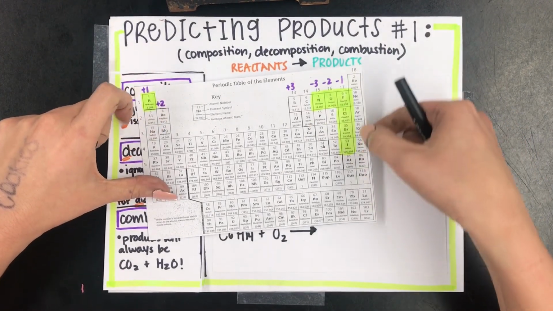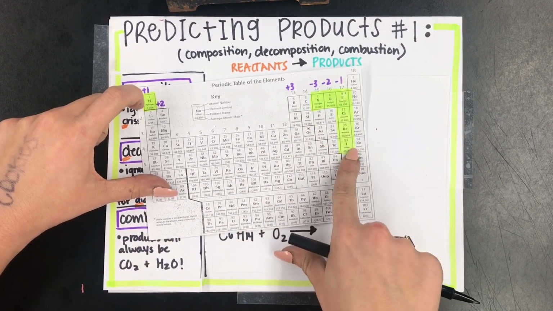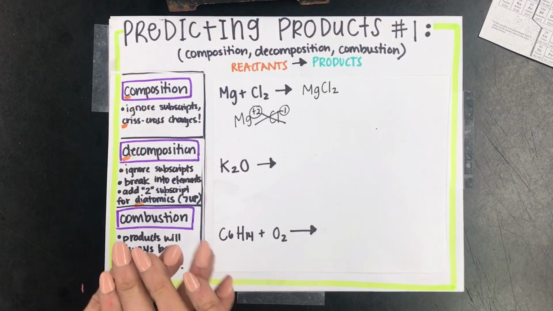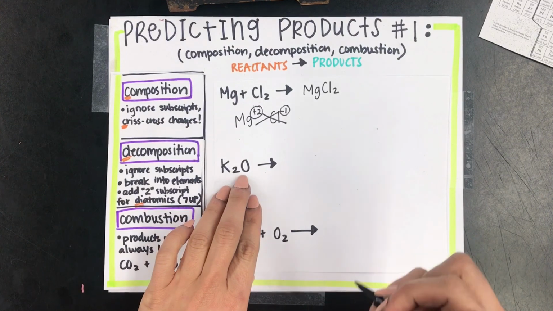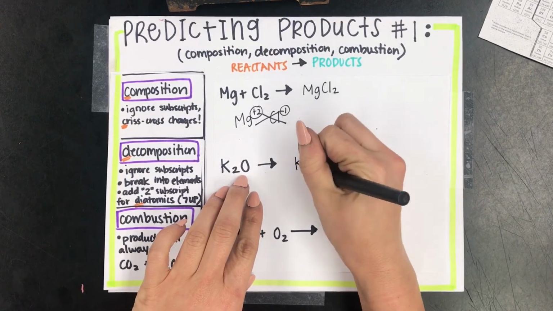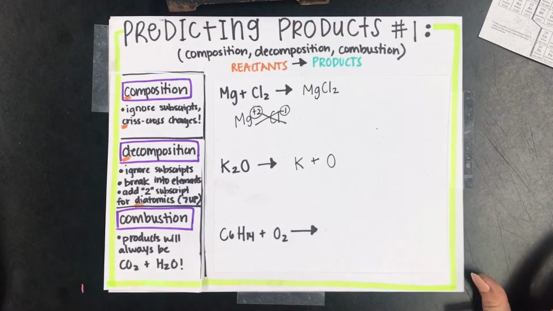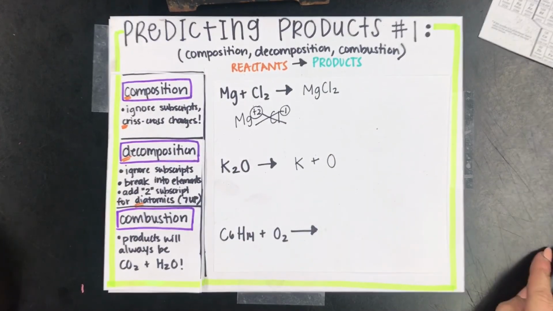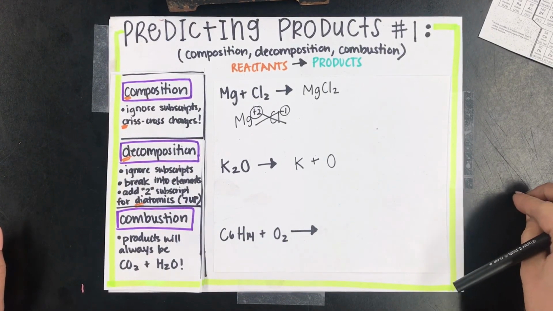So I have to keep a red flag out for these, because if I break down a compound and one of these is by itself, it has to have 2 as a subscript. So let's look here. Again, ignore your subscripts in the reactants part. Split it apart into its 2 parts. We have K plus O. The only subscripts I add on the product side are 2's if they're diatomic.